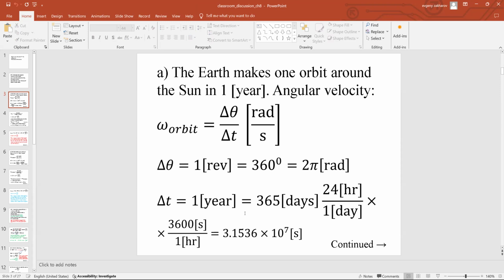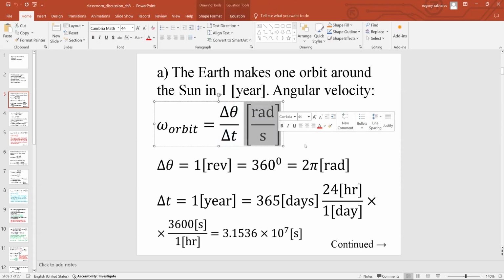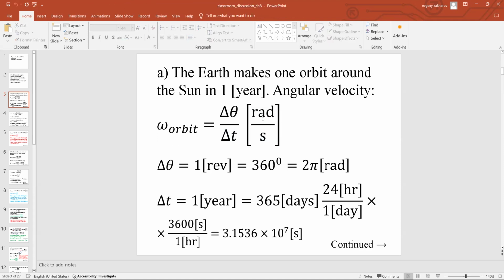1 year is the time for Earth to complete one revolution with respect to the sun. But unit-wise, don't forget that it's always seconds. You can't say years. And now for angular displacement, you need radians. So how many radians for one revolution? Well, think about something that completes one circle.